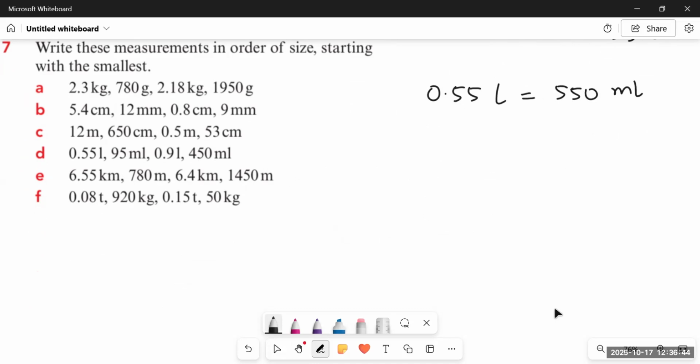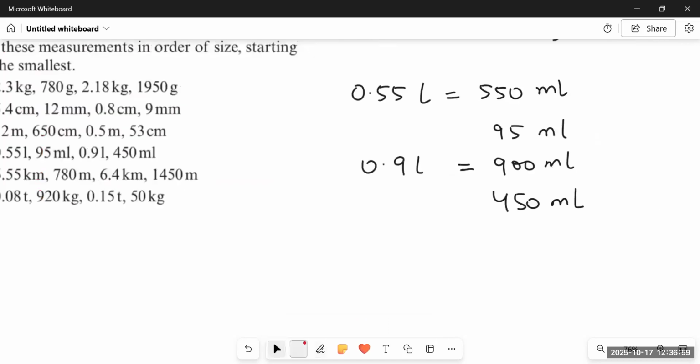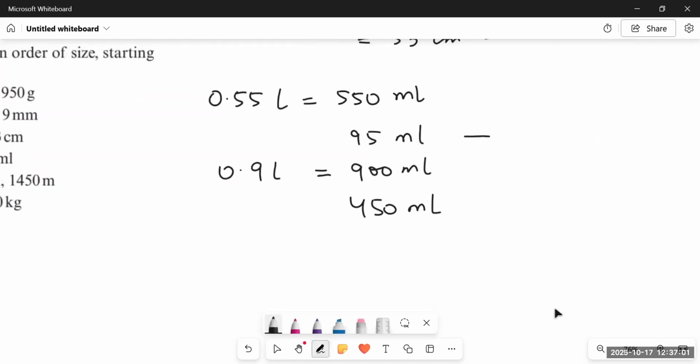Next one is 95 milliliters and 0.9 liters equals 900 milliliters. And then 450 milliliters. So in all these quantities, 95 is the smallest among all. This one is the first one. Then comes 450. Then comes 550. And last one is 900.